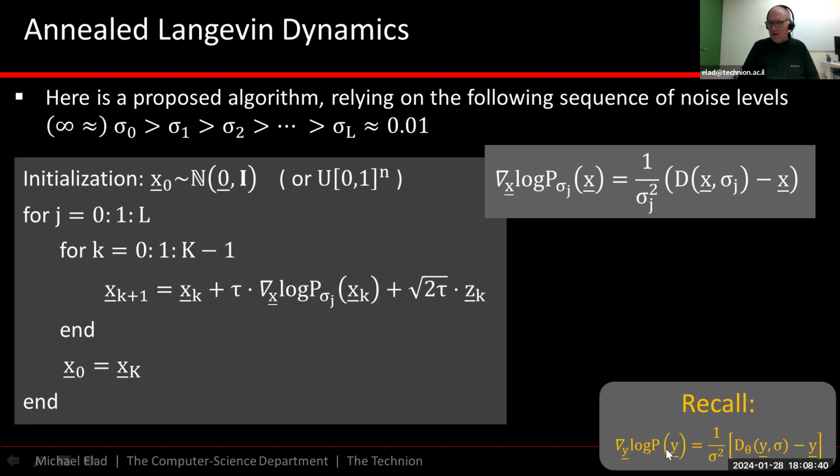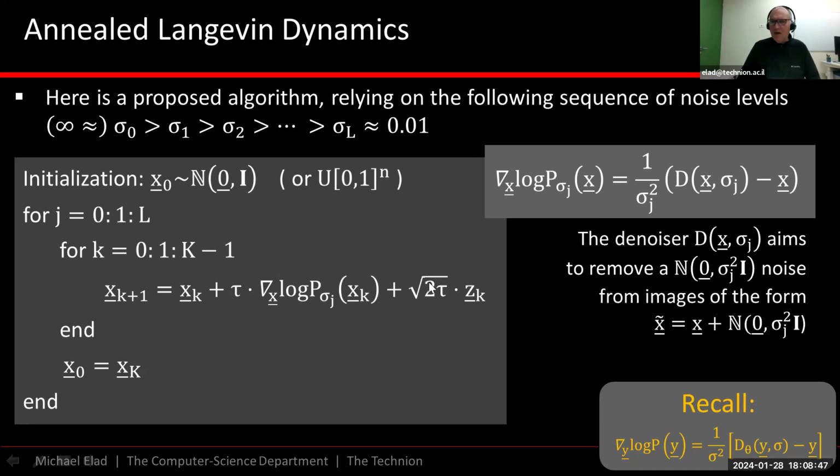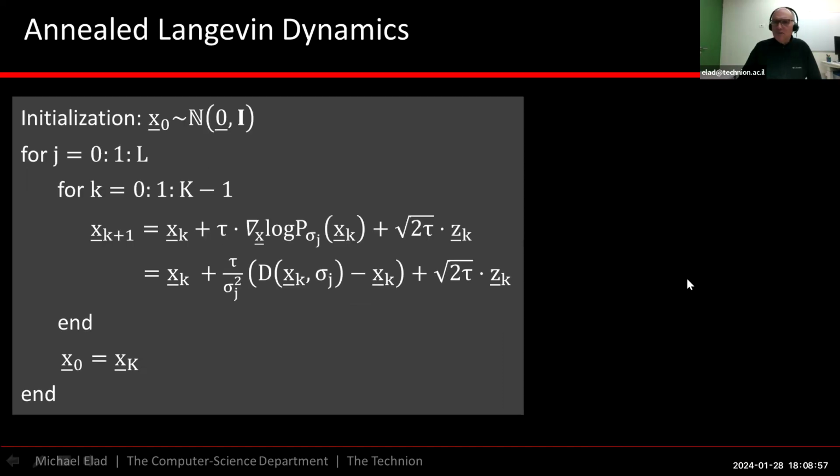Okay, so this is the regular formula for score, and this is what we will have to do with the sigma j here. Basically, every one of those denoisers takes an image with the proper additive Gaussian noise with this strength of noise, and you need to know how to remove it. I hope this is clear. So here it is in front of you. This is the algorithm. It works.